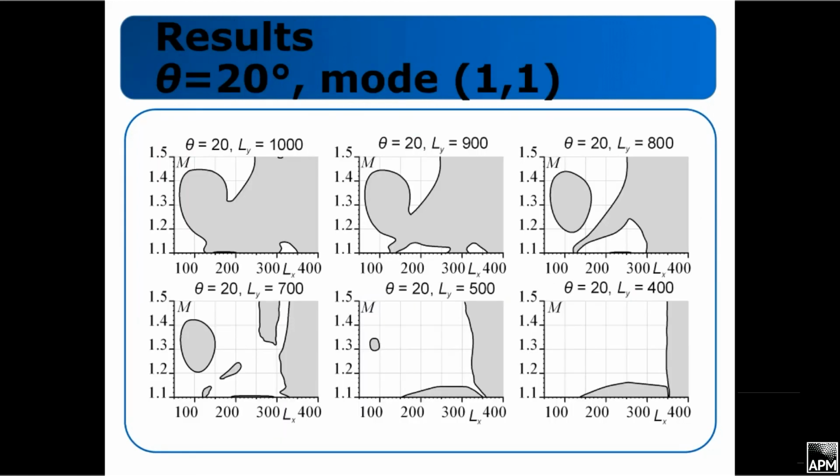And now at a large value of yaw angle, the results are more difficult. There is a strong irregularity of the flutter boundaries, and with decreasing Ly, regions of single mode flutter and coupled mode flutter caused by the interaction of several modes appear.